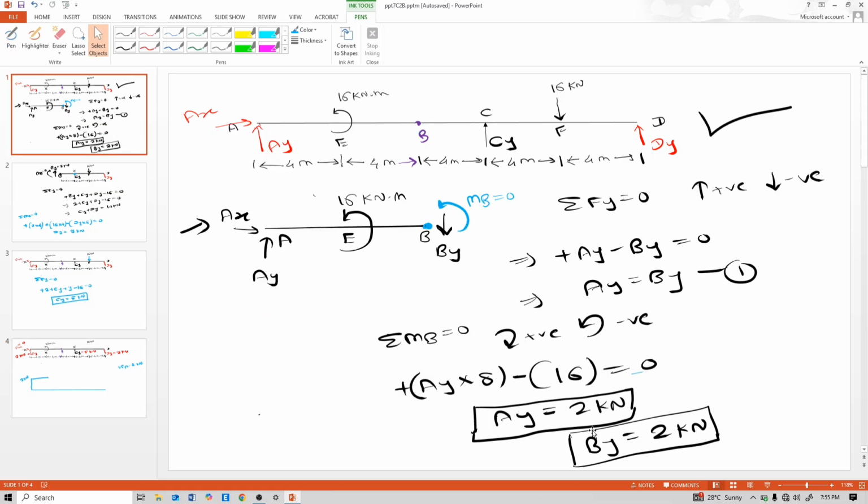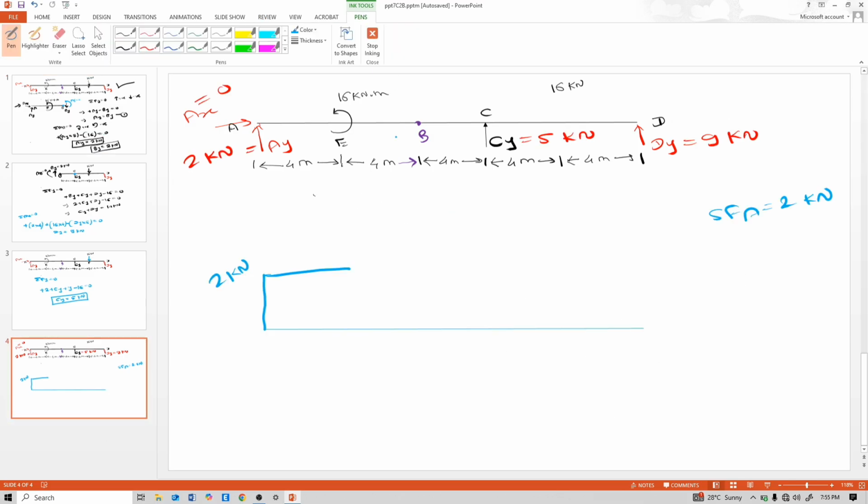See, at point B there is also 2 kilonewton shear. And between B to C there is no load, so again it is 2 kilonewton up to point C. And this Cy is vertical, positive kilonewton.